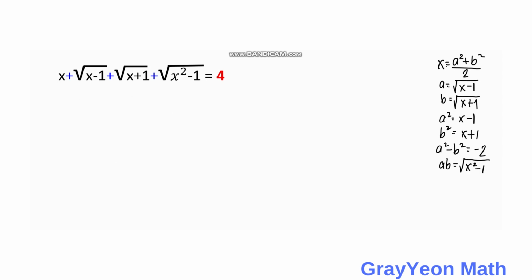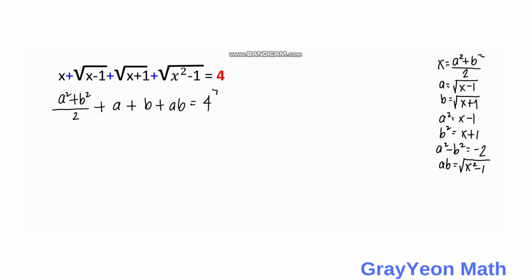Okay, so next is we substitute the values of a and b to be used in this equation. So for x, we have a squared plus b squared over 2 plus the square root of x minus 1 is equal to a plus the square root of x plus 1 is equal to b plus the square root of x squared minus 1 is equal to ab equal to 4.